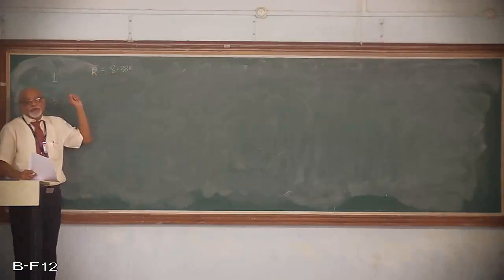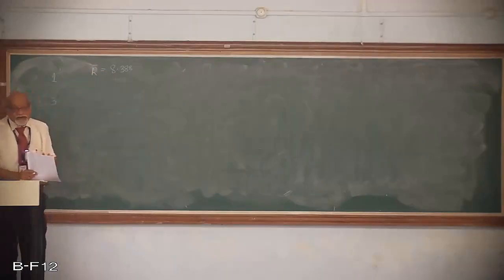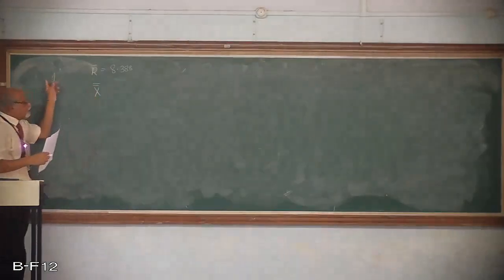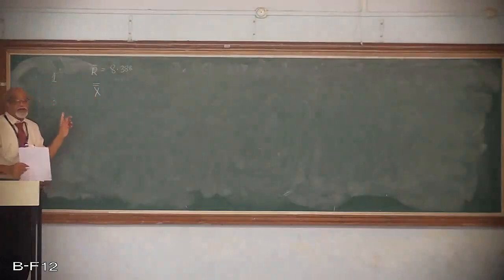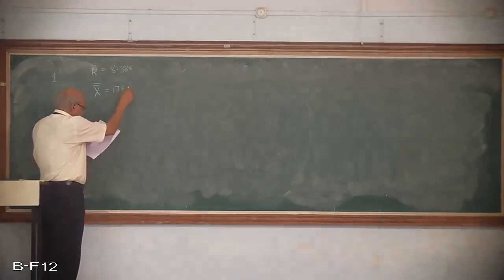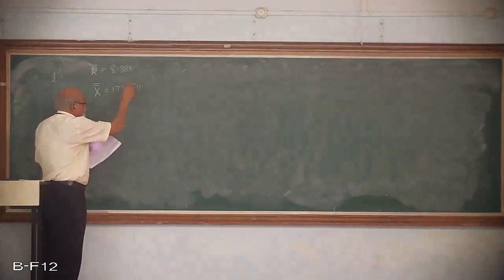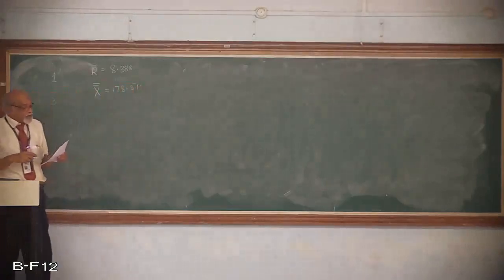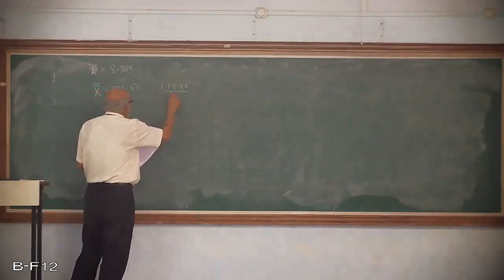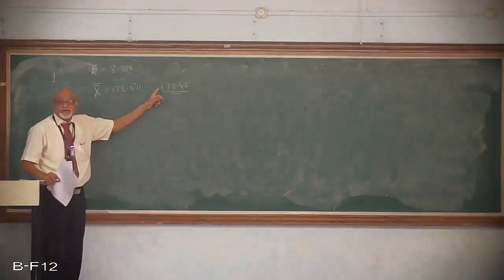And even if we had eliminated those 2 points from the X bar chart, the new X double bar value would have been 178.511, and earlier it was 178.46. You can see that there is not much difference between these two.